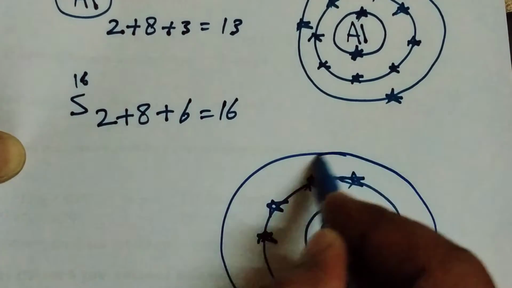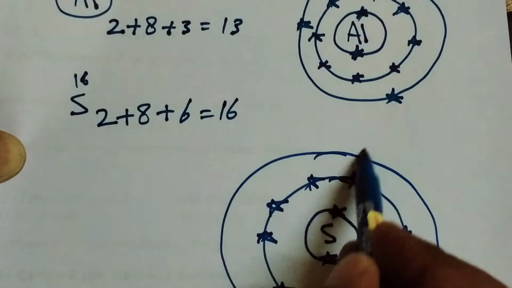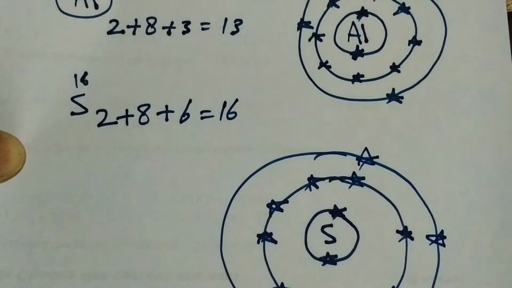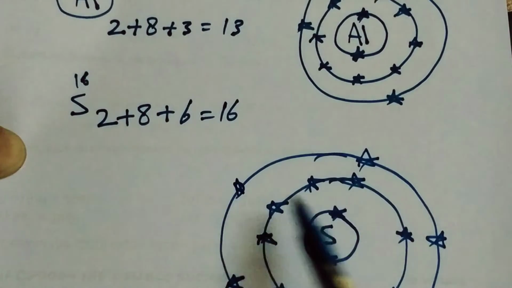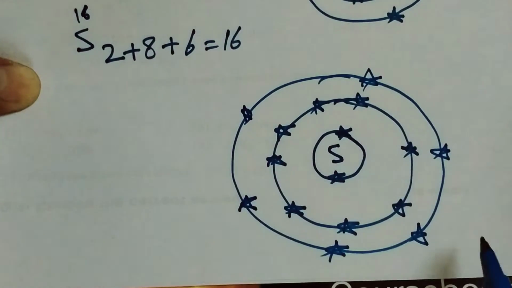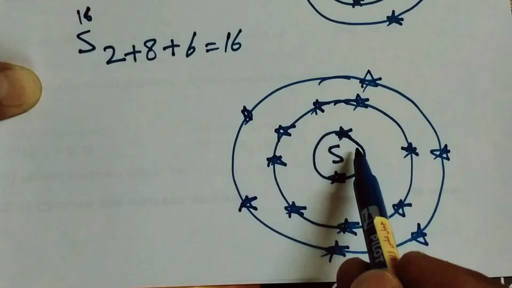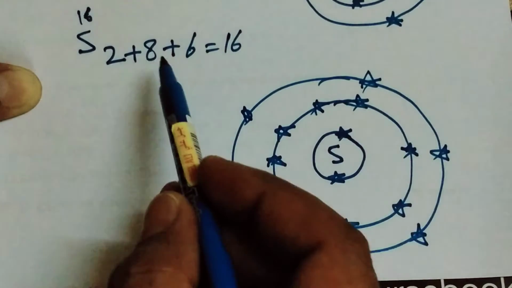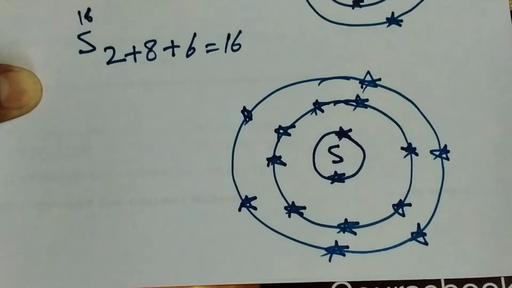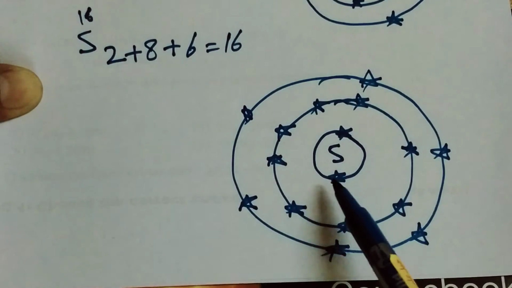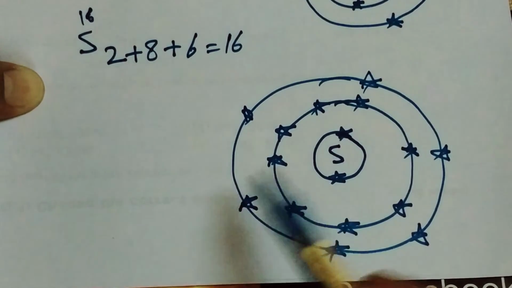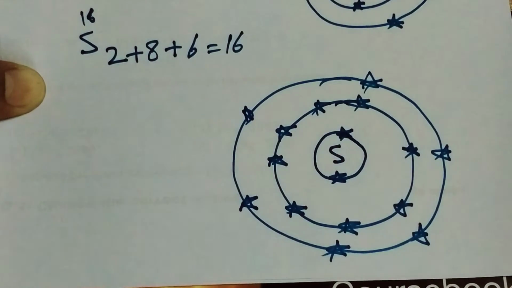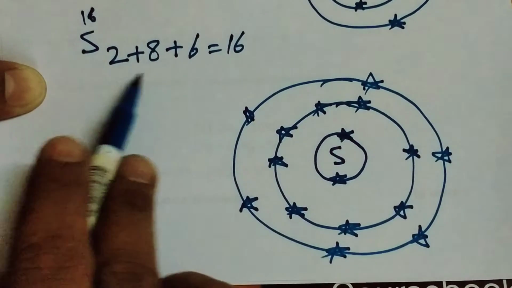The third one how many? 6: 1, 2, 3, 4, 5 and 6. Understand, my dear? So the first shell will hold 2 electrons, the second one 8, the third one 6 electrons. This is the structure of the arrangement of electrons, and this is the distribution.